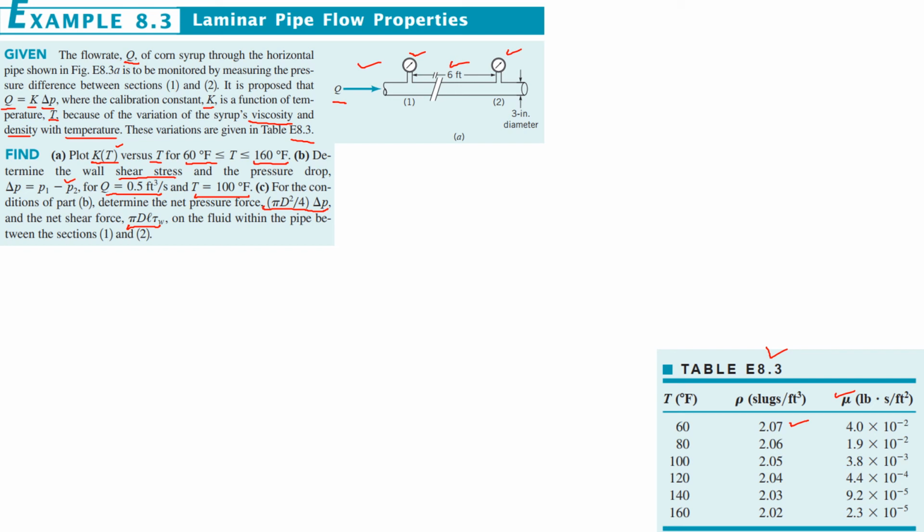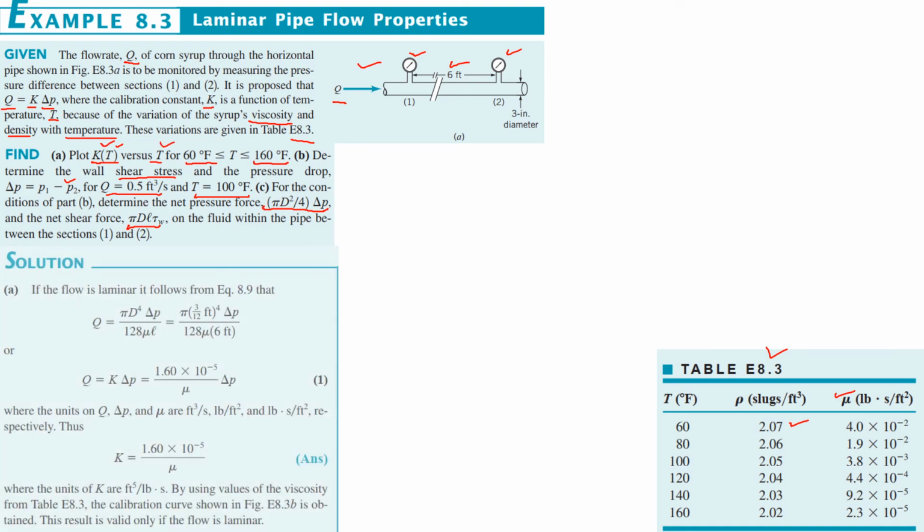So let's see how we can plot the graph between the calibration constant and temperature first, and for that, this is our solution. We will first use the flow rate equation for our laminar flows, and this is our flow rate equation, in which we have pi d to the power 4 delta P over 128 mu L. So we will put in the values that we have: the value of pi, and our diameter, which is 3 inches.